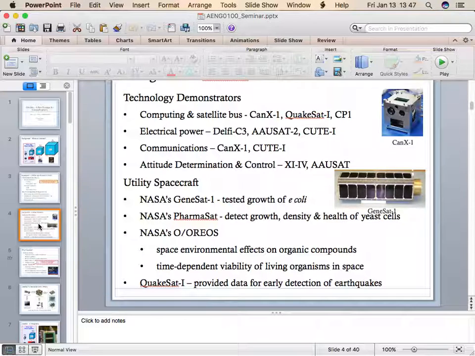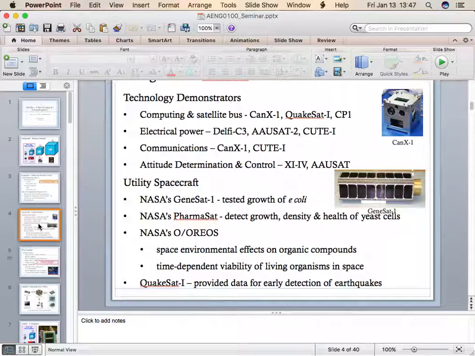So the goal of sending something in space is to space qualify. And you have to remember this terminology: when you space qualify, you are increasing the TRL of that component or system. What does TRL stand for? Technology readiness level. Only a high technology readiness level component or system will be able to fly in space.